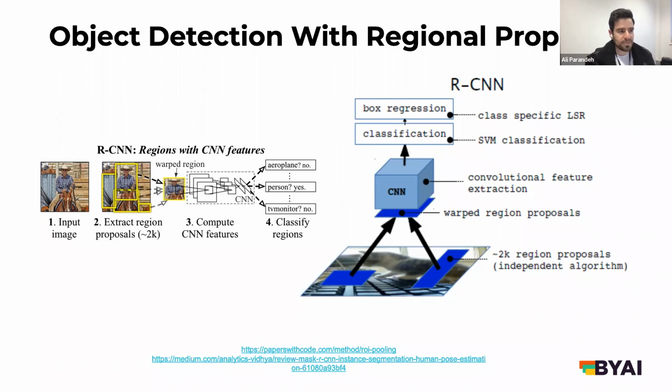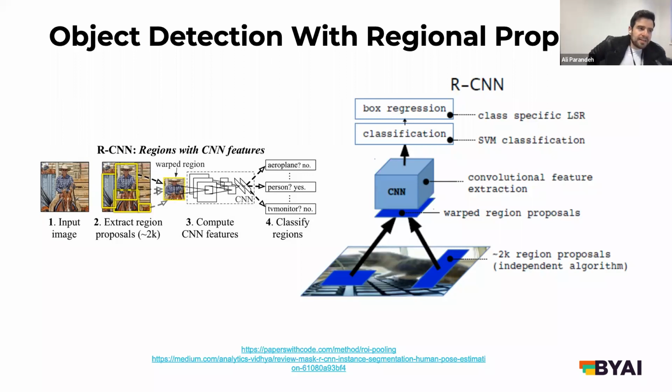And then you pass that warped image through the CNN. At the end, you use an SVM classifier to classify what this object belongs to. Like, is it a cat? Is it a dog? Whatever, right? As part of that, you also get the coordinates of the bounding box.